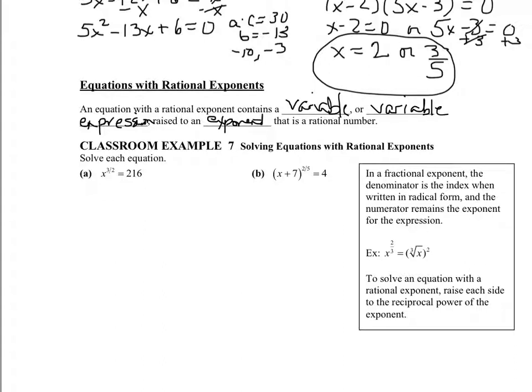So in other words, what we're going to see now will be fractional exponents. And the base that that exponent is attached to is going to have a variable involved.